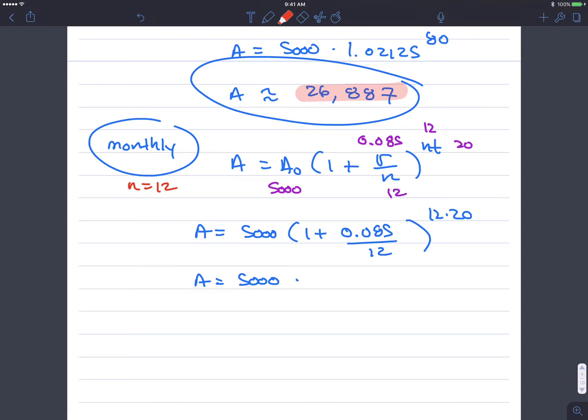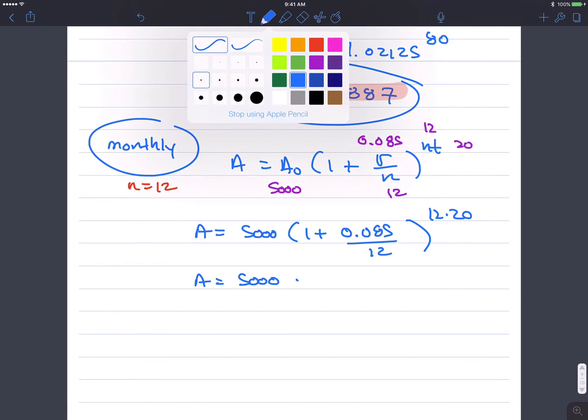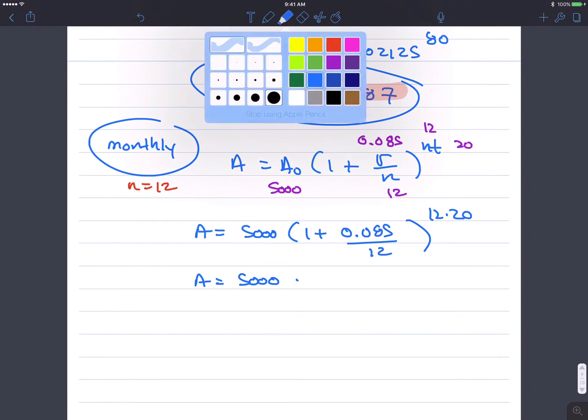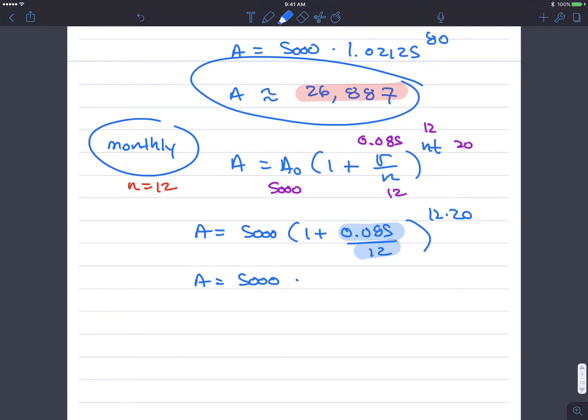Okay, again, we're going to need to know what this base is. Is that right? Okay, 0.085 divided by 12 plus 1.